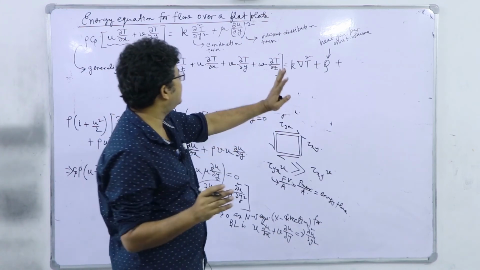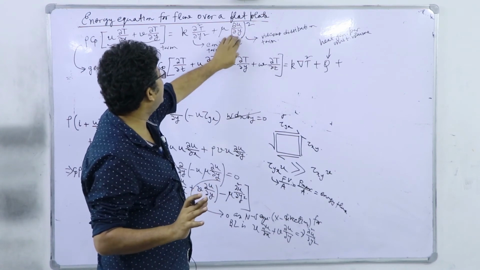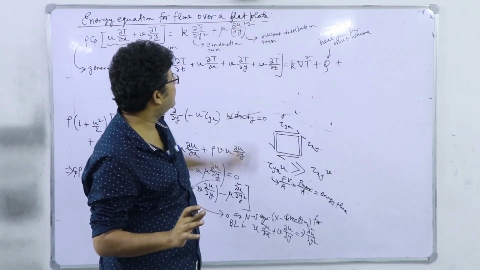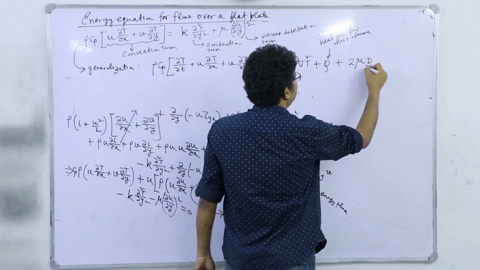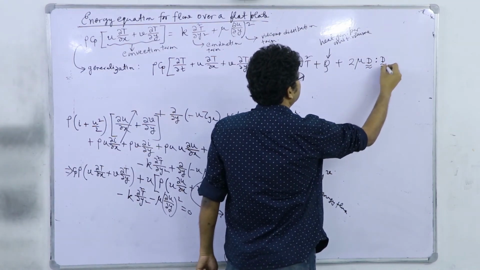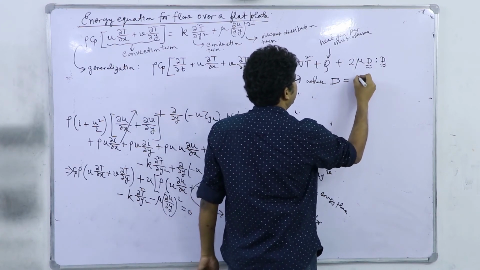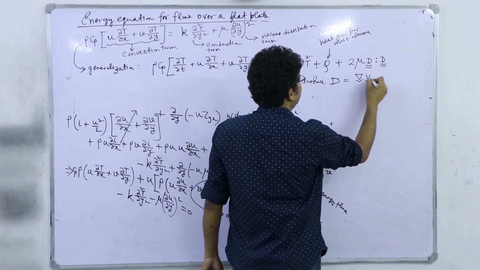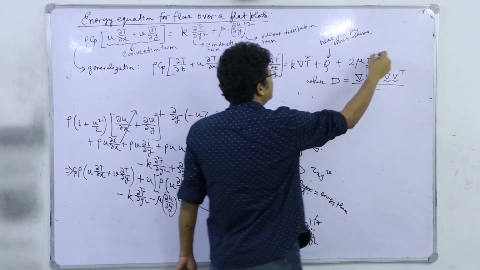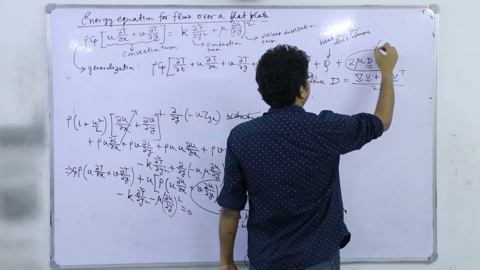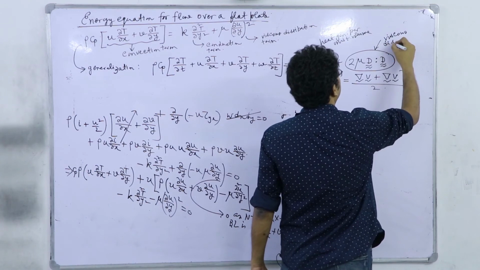I know the form, I am writing the term for viscous dissipation. Just remember or note that, but more precisely remember the form which is for this boundary layer flow. And the term is 2 mu D double dot D, where D, we have defined it actually, is grad V plus grad V transpose by 2, right? And the double dot gives you a scalar product, we know from tensor algebra. So this is viscous dissipation.